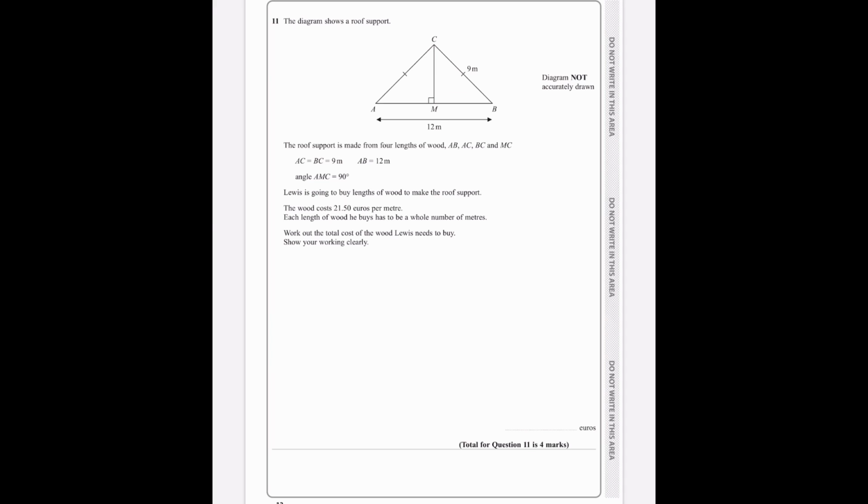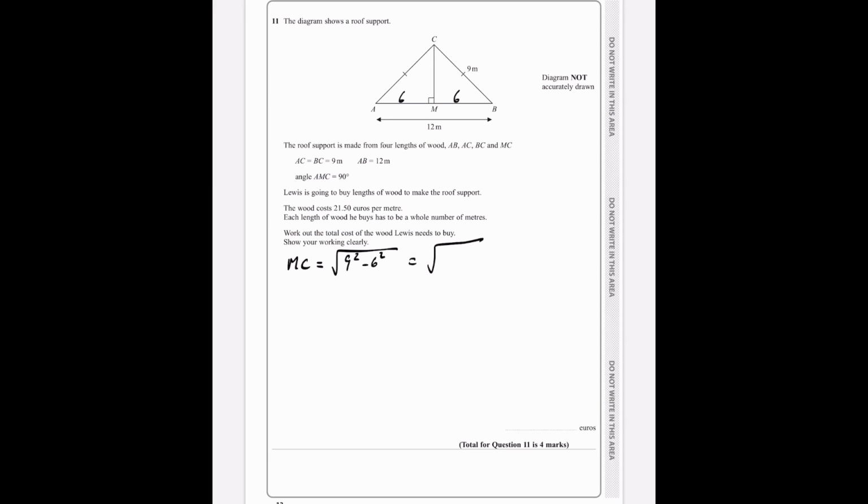For 11, it's an isosceles triangle, so I can split the base up into a 6 and a 6 along there. To find the length from M to C, we can do Pythagoras on either of the right angle triangles that we have there. They're exactly the same, they're congruent.